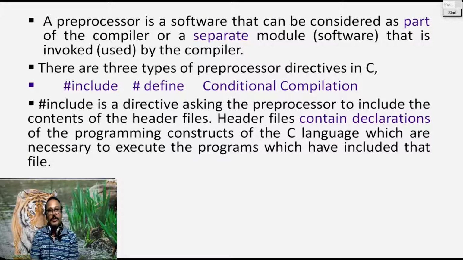A preprocessor is a software that can be considered as part of the compiler or a separate module that is invoked by the compiler. It's a technical issue. You need not understand it. But if you want to design a compiler for a particular language, then you should think whether the preprocessing should be done as part of the compilation process, or whether this module should be a part of the compiler, or whether it should be a separate one.